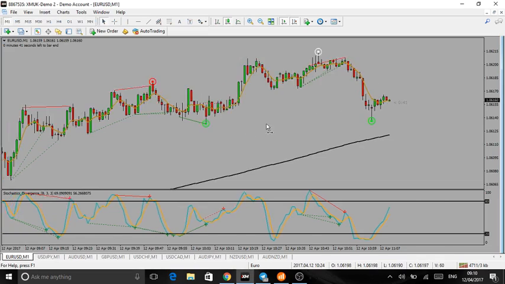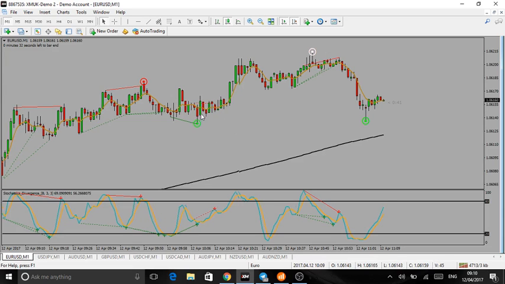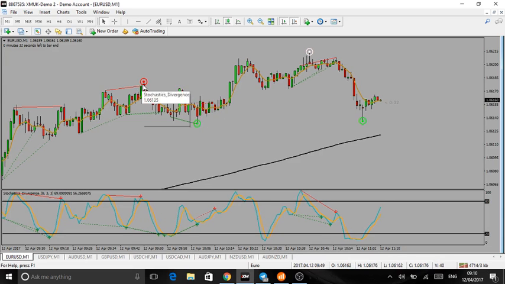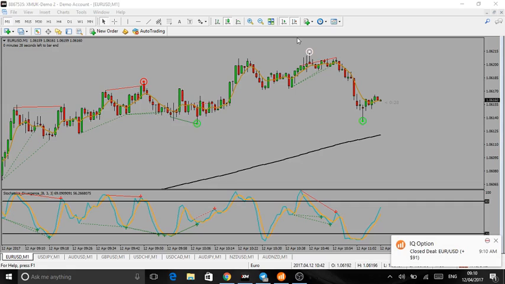How this trading setup works is, you have red signals, green signals, and white signals. I would advise you to avoid the white signals, because they do come in, but more often than not they don't come in as much.